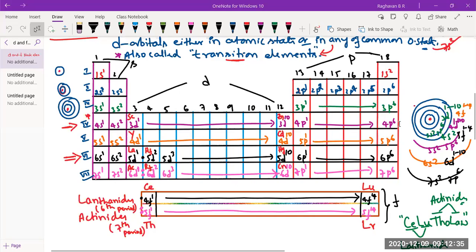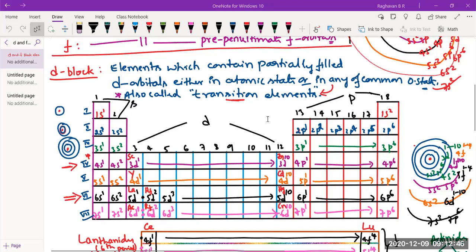Is it understood? Sir, why exactly should D block be half filled for it to become a transition element? Not half filled, partially filled. Yes, sir, partially. See, transition would happen when D block elements are partially filled, for the reason that only when they are partially filled can they exhibit variable oxidation state like P block elements. If they are completely filled, like zinc, it can exhibit only a +2 oxidation state. So it cannot exhibit variable oxidation state.